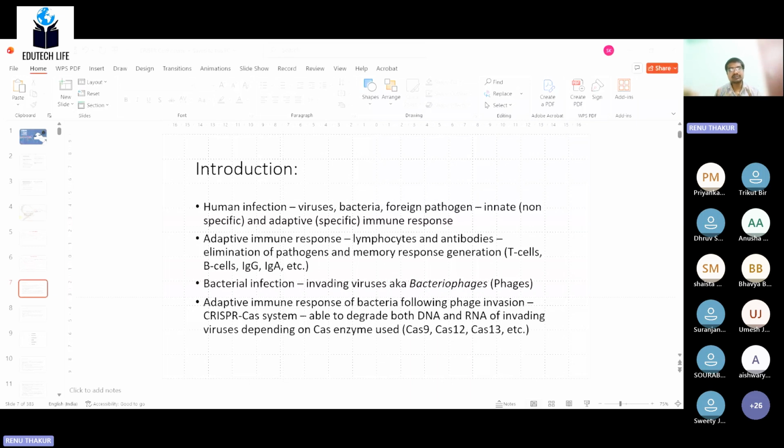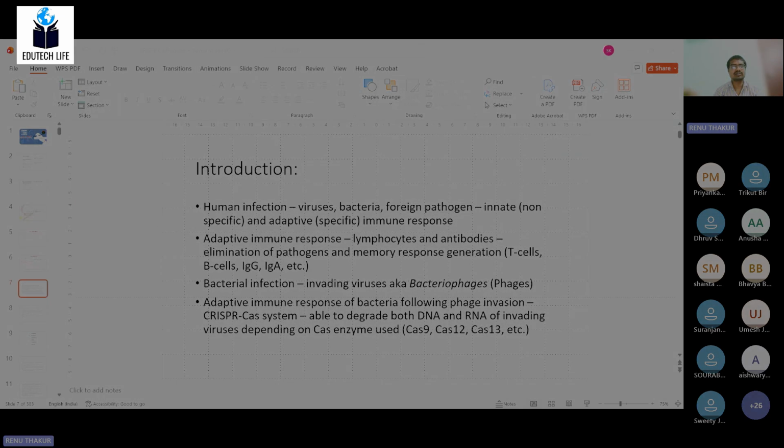Then these two complex RNAs, followed by RNase 3 and nuclease enzymes, bind together to make a complex, and that particular complex will interact with the viral DNA or viral RNA molecule, and then the viral infection is stopped. This is the normal CRISPR process mechanism.